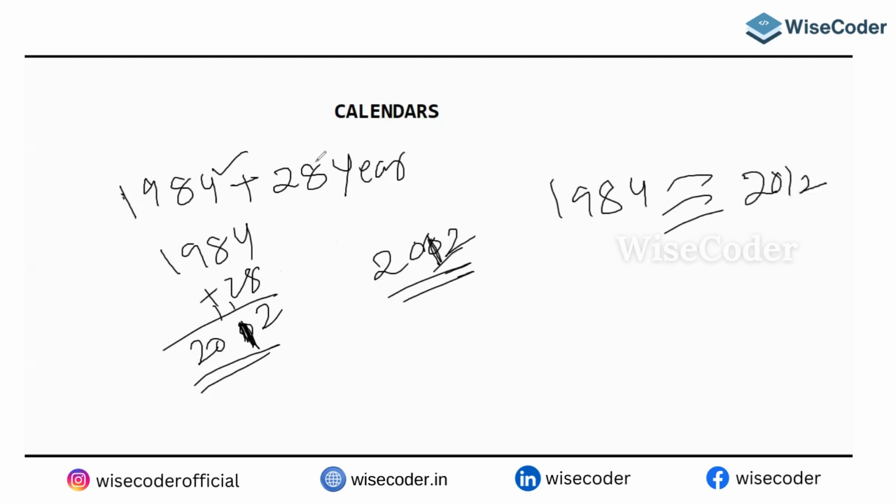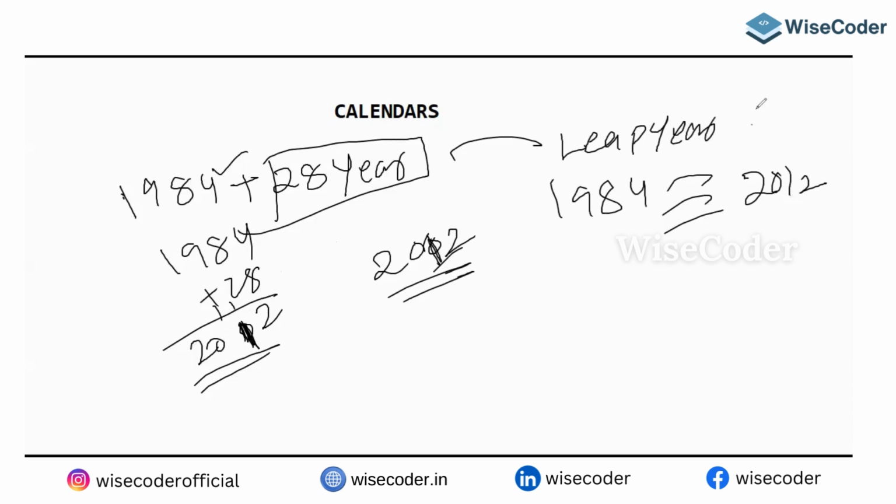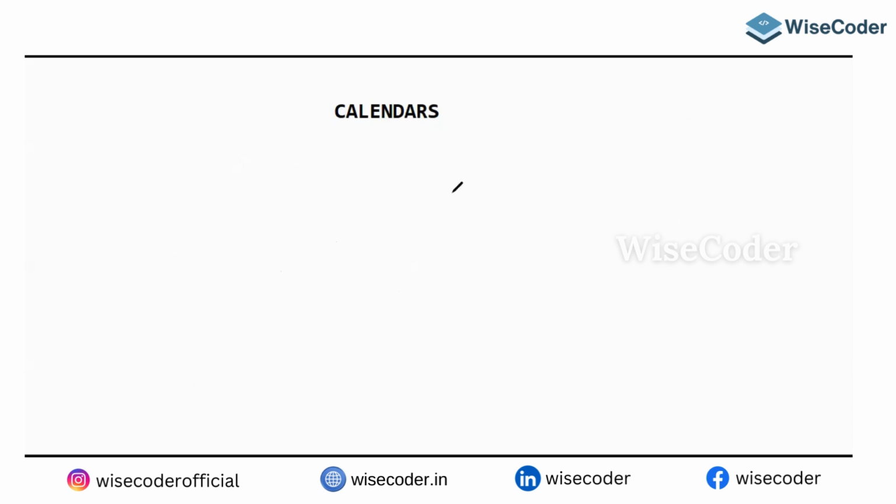If you want the same calendar for a leap year, directly add 28 years. So 1984 plus 28 gives you 2012. So 1984 will have the same calendar in 2012. I am telling you, blindly, whenever you want the same calendar for a leap year, add 28 to it. That's how you can get your answer.